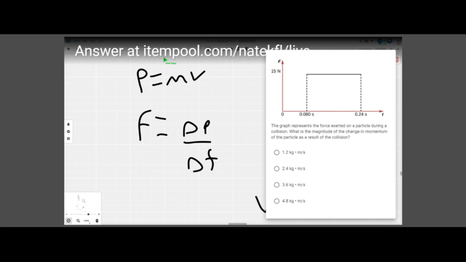Is there somewhere we answer this, like a link? Yep. If you go in general and scroll up a little bit, there's the item pool link. All right, so we'll give you a minute left.